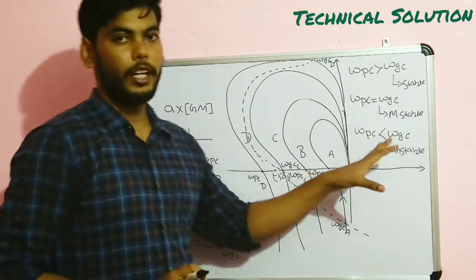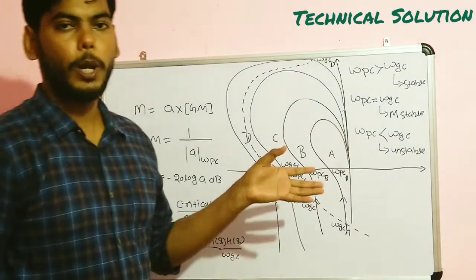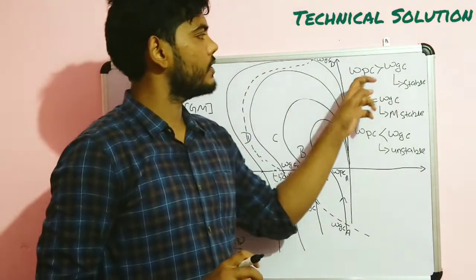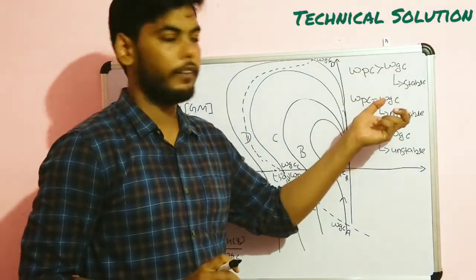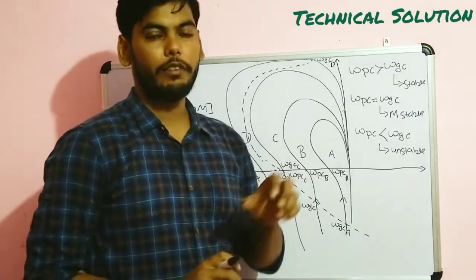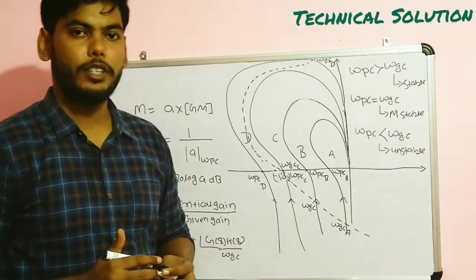So these are very important points. We always keep them in mind when solving problems on phase margin and gain margin. When the phase crossover frequency is greater than the gain crossover frequency, the system is stable. When it is equal, the system is marginally stable.